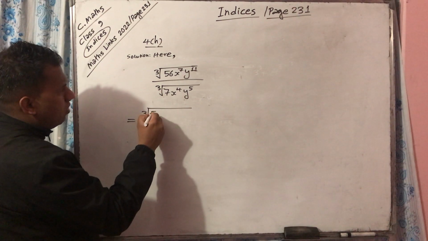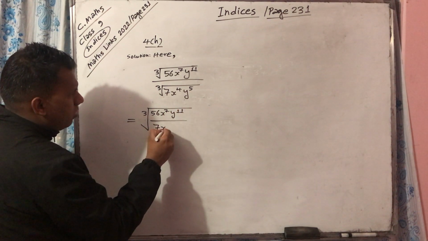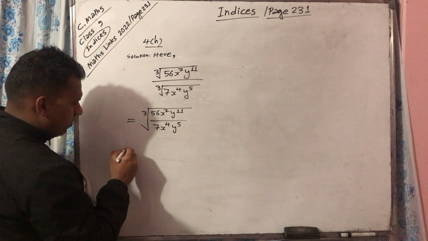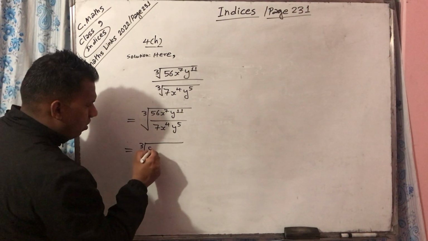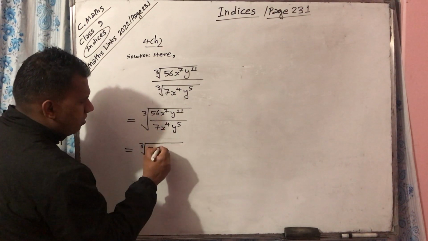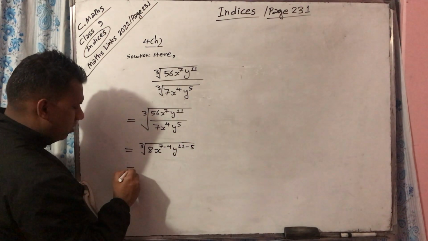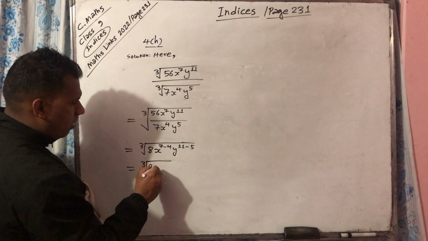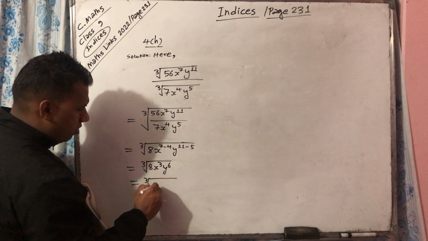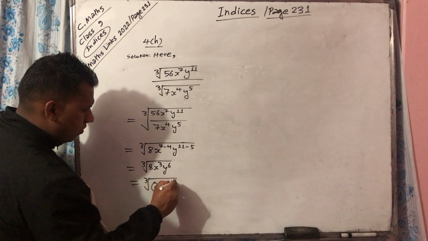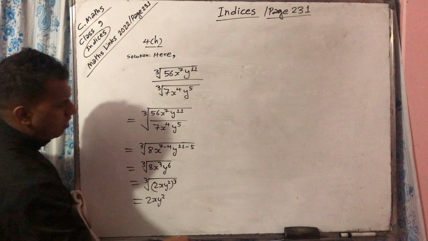Cube root of 56 x to the power 7 y to the power 11 upon 7 x to the power 4 y to the power 5. 56 divided by 7 is 8, x to the power 7 minus 4, y to the power 11 minus 5. This is equal to cube root of 8 x cube y to the power 6, cube root of 2x y square whole cube. This is equal to 2x y square, since order and power are the same.